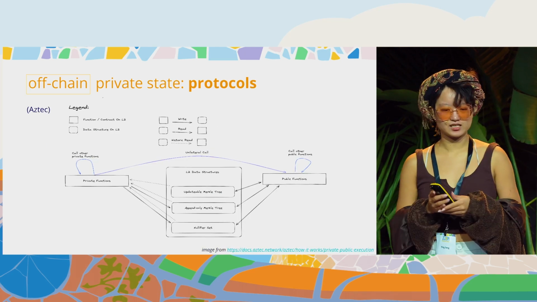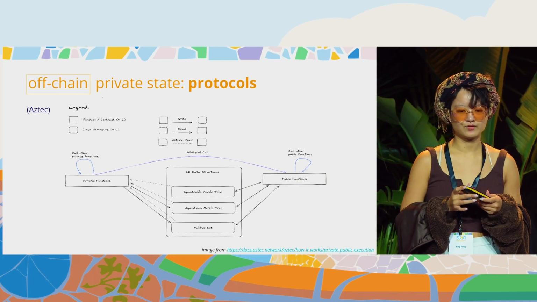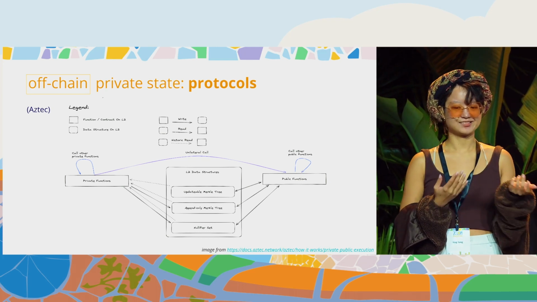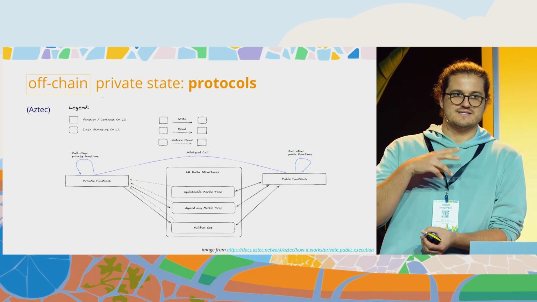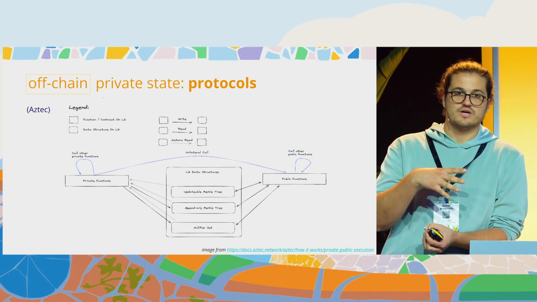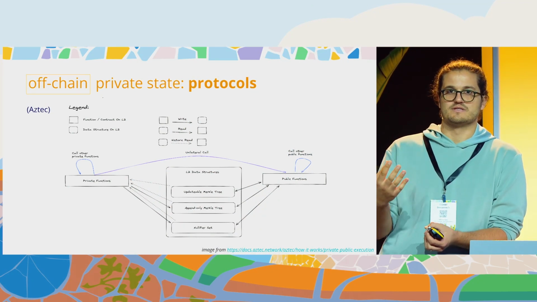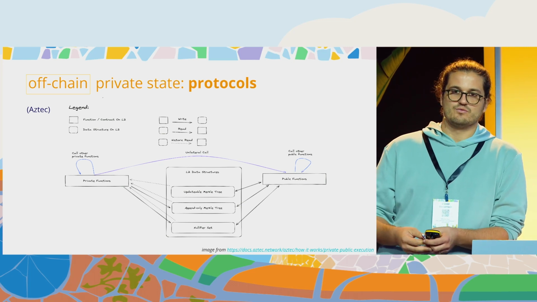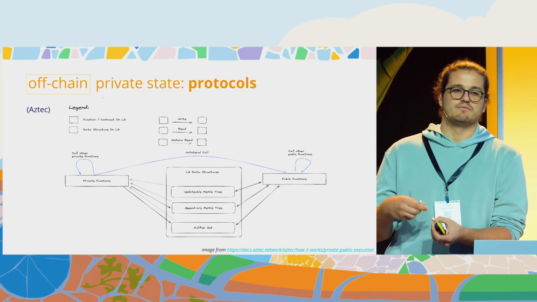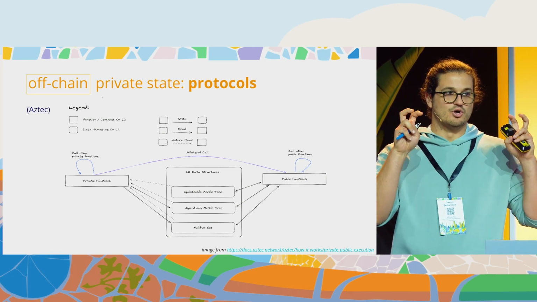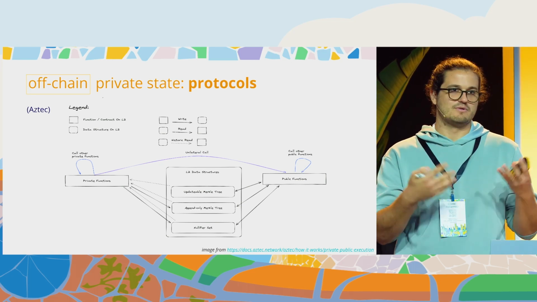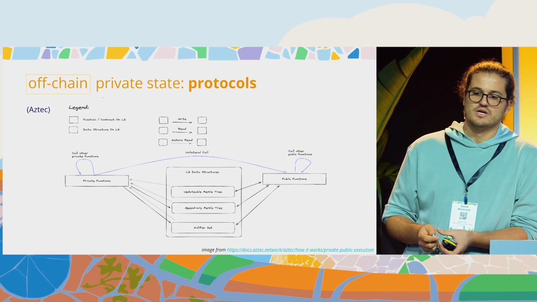And Aztec is another example of supporting off-chain private state. In Aztec, the point in a way is that they aimed for very general programmability, in the same style that Zerocash introduced with commitments and nullifiers. In that way, what they enable is a generic kind of note that includes information about any type of application.